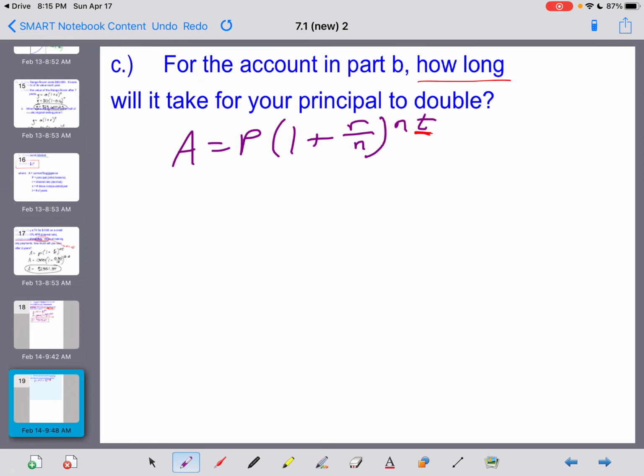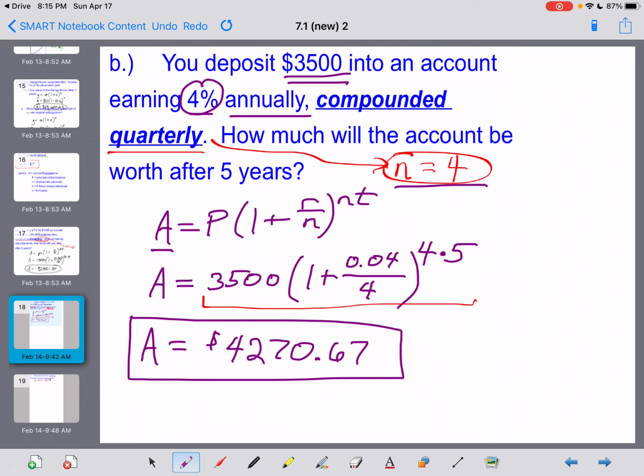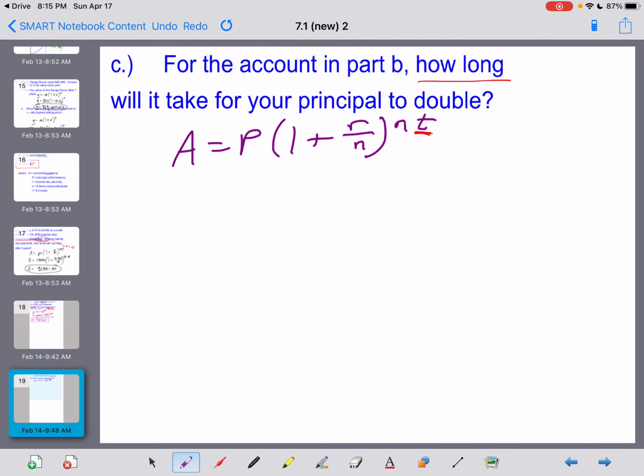So A is the final amount we want this to be worth. Well, we said here that we were investing $3,500 into this account. For that to double, our final amount would have to be $7,000 because that's twice as big as the $3,500 principal that we started with. And then in parentheses, 1 plus, we're not changing the rate here at all, so that's still going to be 4% or 0.04.